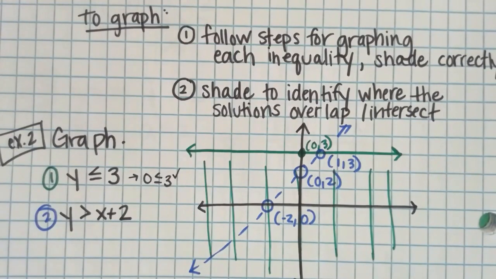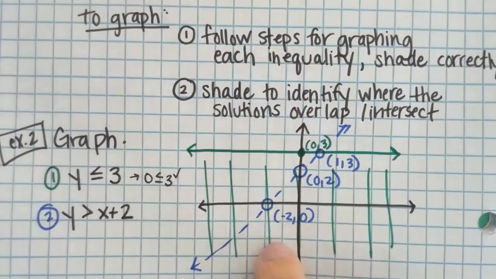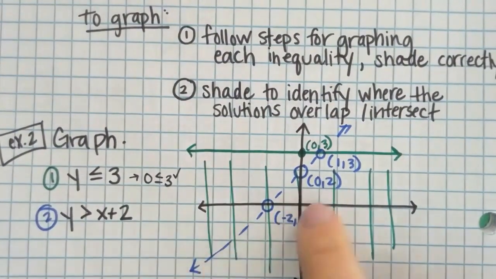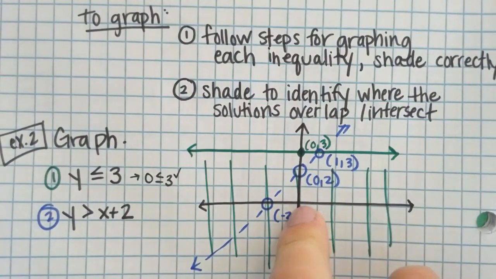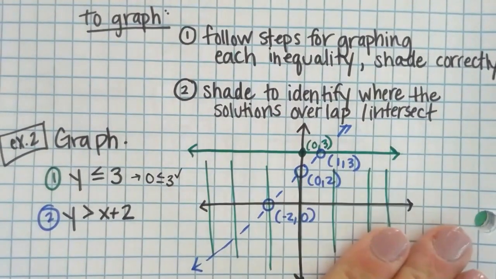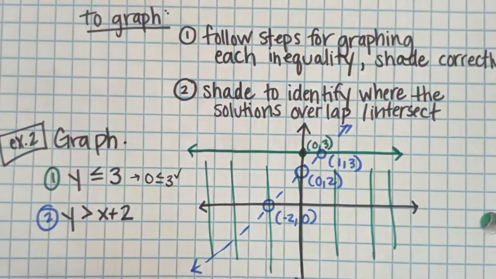Okay, so then my last step, almost last step, this is sort of the final step that shows me where my graphs intersect, is I'm going to plug in a point here to see where to shade on which side of this blue boundary line. So I'm going to use my origin because the line doesn't go right through it, so that's going to help me figure out, do I shade here where the origin is, or do I shade the other side where the origin is not?